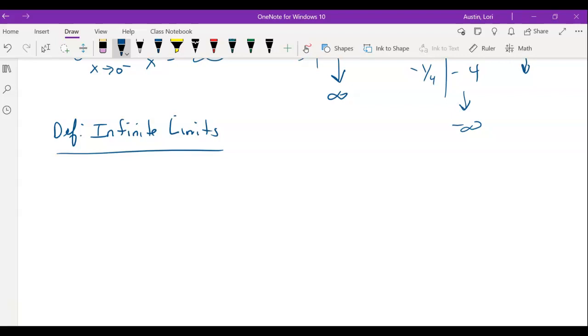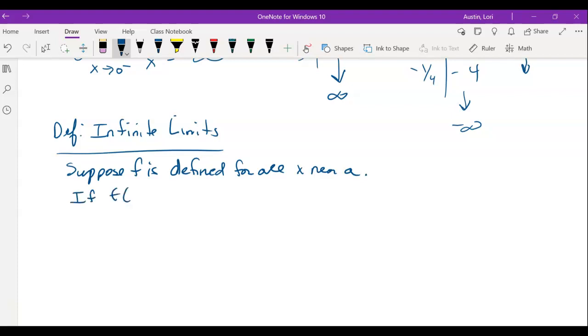Suppose f is defined for all x near a. If f of x, okay, so that's your y values, that's your outputs.